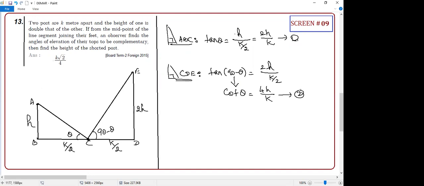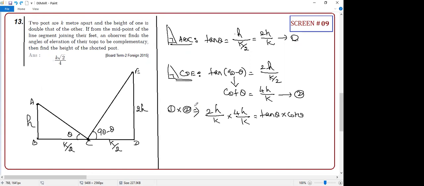And guys, next we are going to apply one mantra that I applied in the last day's class also. Whenever you have complementary angles, finally your result will be one value for tan theta, other value for cot theta. Now if you multiply, these two will get cancelled. Not division, please remember. Now the mantra is 1 into 2. So 2H by K into 4H by K is equal to tan theta into cot theta.